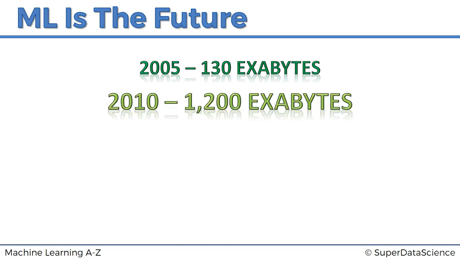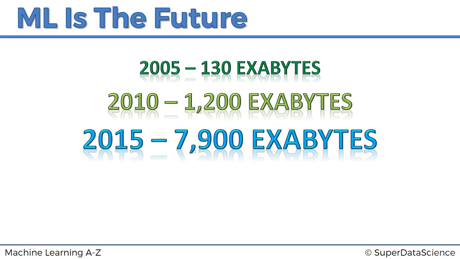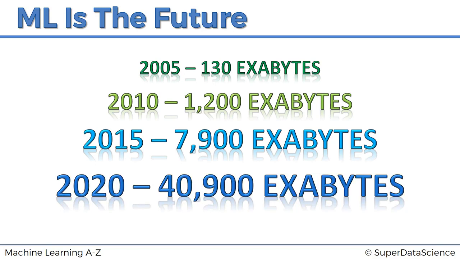Now, in 2010, that number was already 1,200 exabytes. So you can see that in the following 5 years, humans created so much more data. Then in the next 5 years, in 2015, this number became 7,900 exabytes. Then in 2020, this number is estimated to be 40,900 exabytes of data.